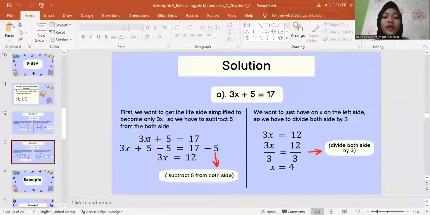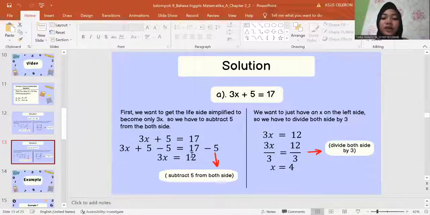3x plus 5 equals 17. Okay. 3x plus 5 minus 5 equals 17 minus 5. So 3x equals 12.